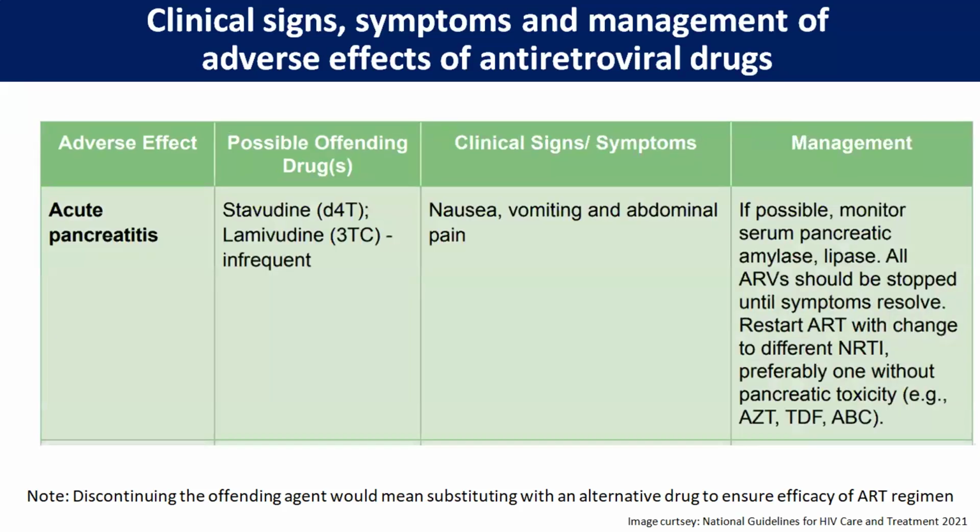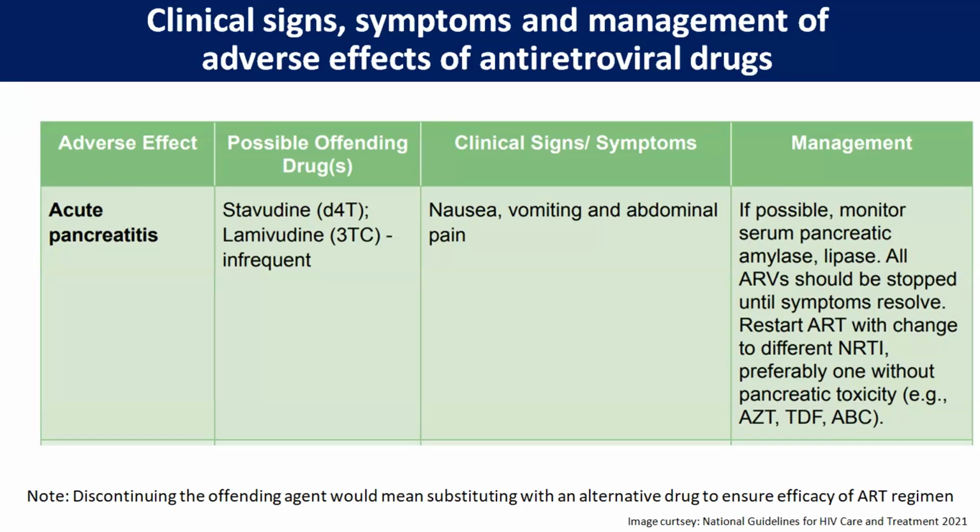In case of pancreatitis, we know that stavudine and rarely lamivudine can cause pancreatitis. So you have to identify a patient who develops pancreatitis. There is most prominently nausea, vomiting, and abdominal pain, mostly back pain, and sometimes pain in the left hypochondriac region.